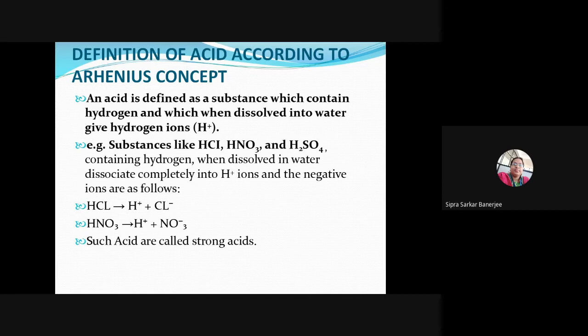That means substances like HCl, HNO3, H2SO4 contain hydrogen and, when dissolved in water, dissociate into H+ and Cl-, H+ and NO3-. These are called strong acids because they dissociate completely to give H+ ions.